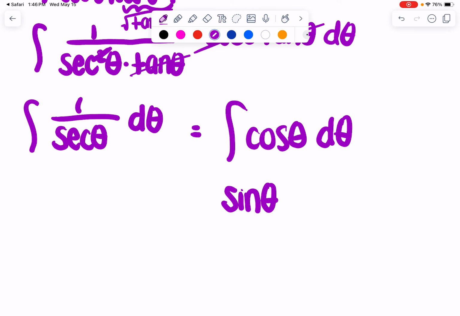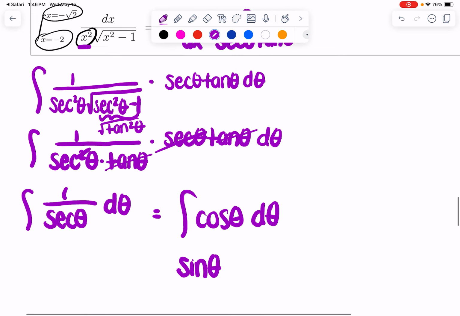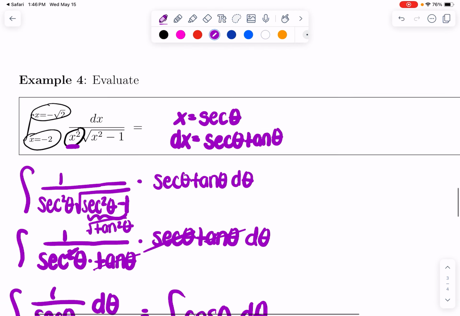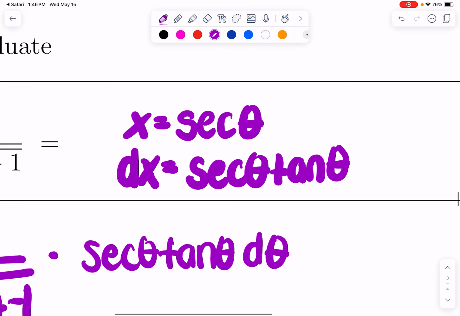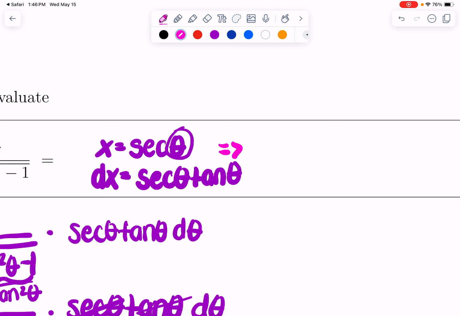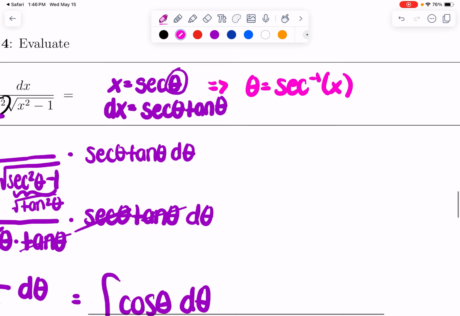But then remember, I have to replace my theta with my x value. So I have to figure out how to solve for theta up here. I would do the opposite of what's given to me: theta is equal to the inverse of secant of x, and I would replace that.